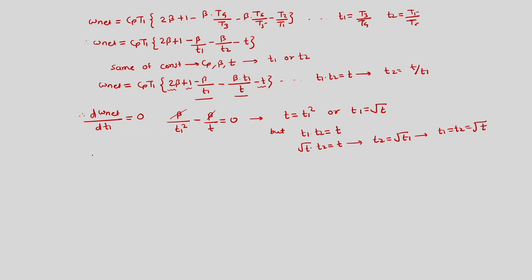So what does that practically mean to us? So this T1, as we said, is equal to T3 by T4 and that is equal to square root of T. So that is equal to T3 by T4, and also T2 is equal to T5 by T6, which is again equal to square root of T. So this we can solve, and we can see that T4 is equal to square root of T3 into T1, and here we can get that T6 is equal to square root of T5 into T1.